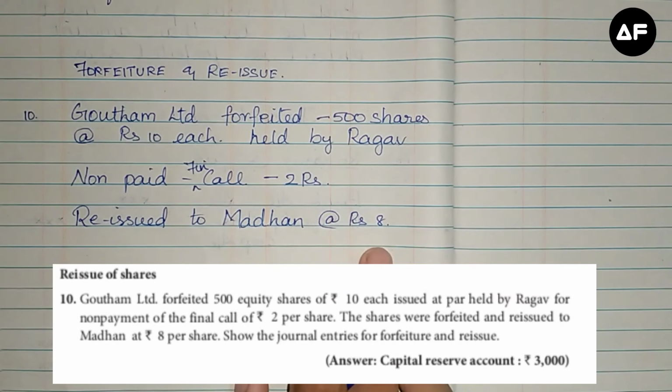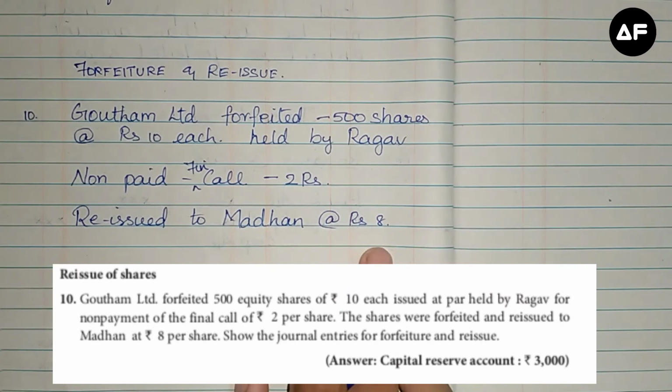Shares forfeited is credited in forfeiture, whereas here it is debited. The 500 shares are reissued at 8 per share, so we receive 500 into 8 from the shareholder, Mr. Madan.